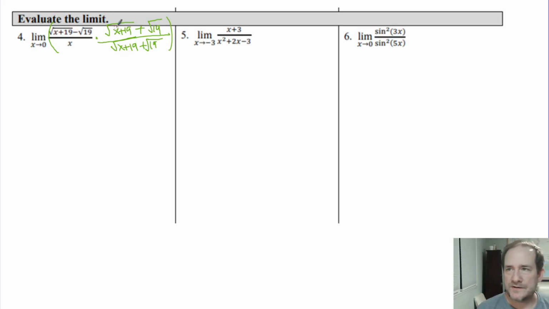This radical times this radical, the radical cancels and you just get x plus 19. Then the outers and the inners cancel each other out because you get positive this and negative that. Then negative root 19 times root 19 is a minus 19. This would be all over the denominator, which you don't mess with. It's just going to be an x times the whole conjugate.